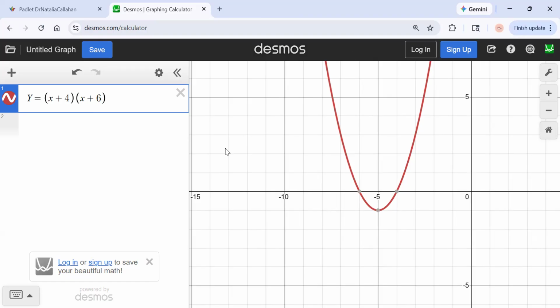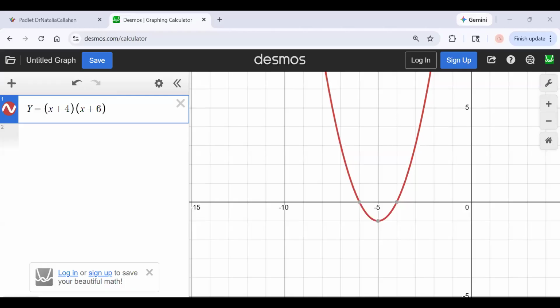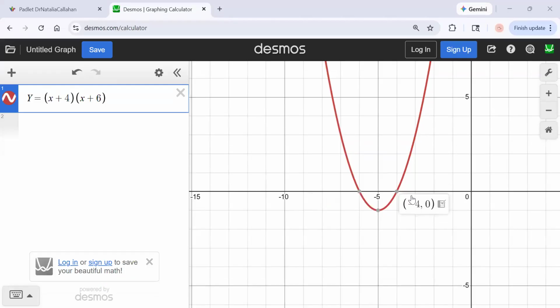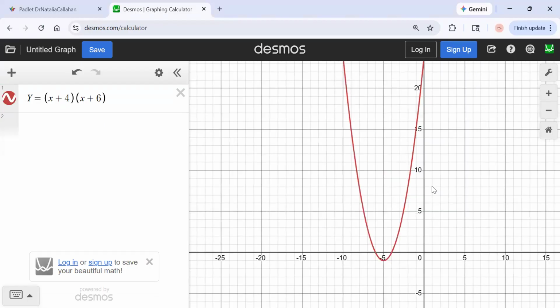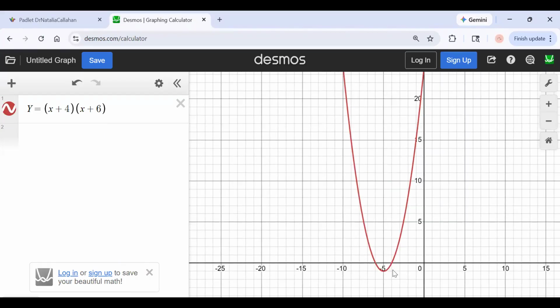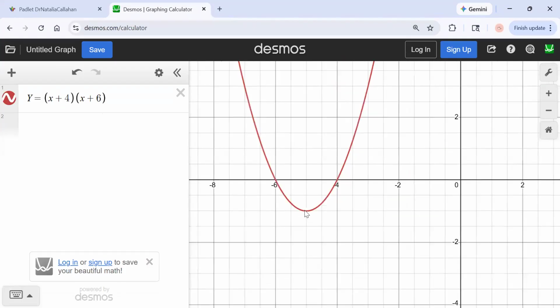Now you fill all the rest. Your domain is negative infinity to positive infinity. Your range, positive infinity, but how low does it go? Down to -1. So y is greater or equal to -1, or you could put -1 in bracket to positive infinity.